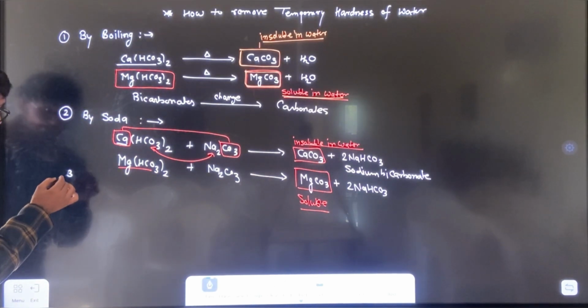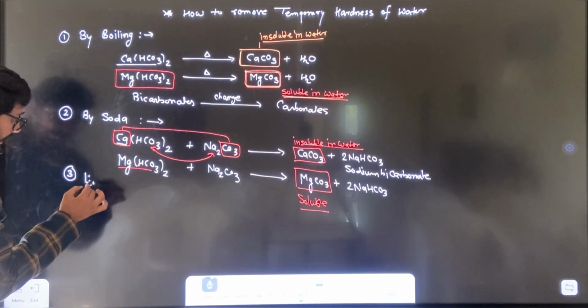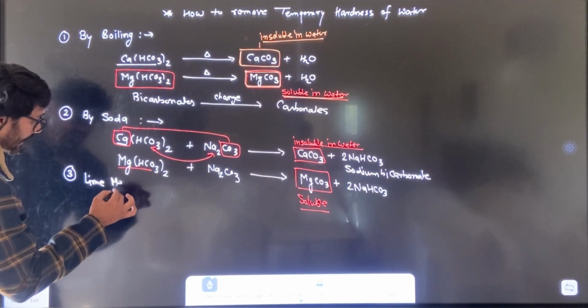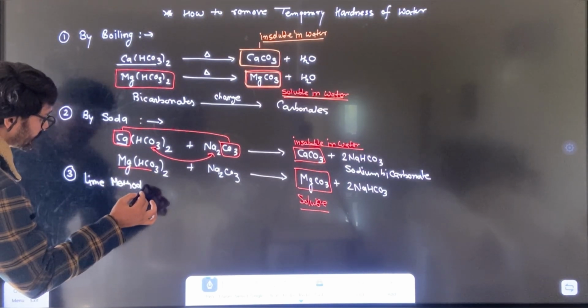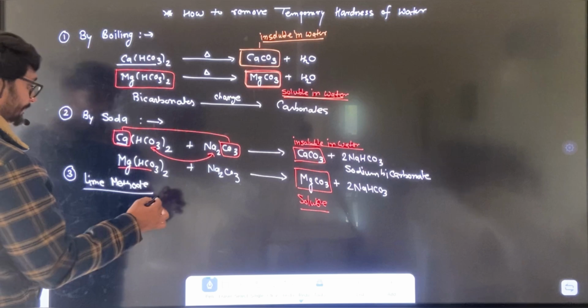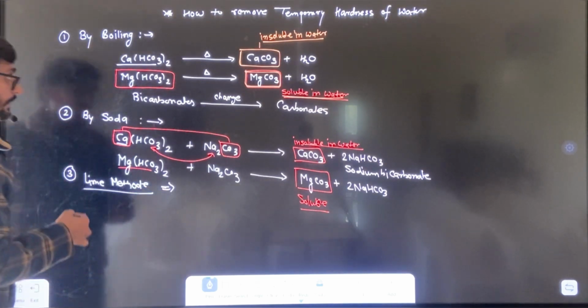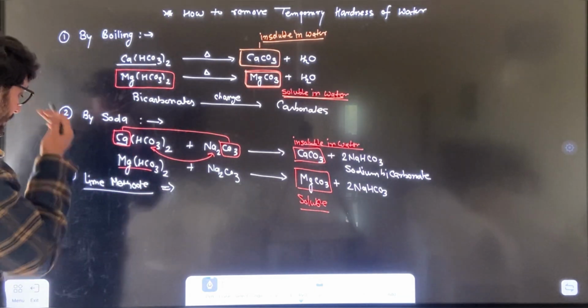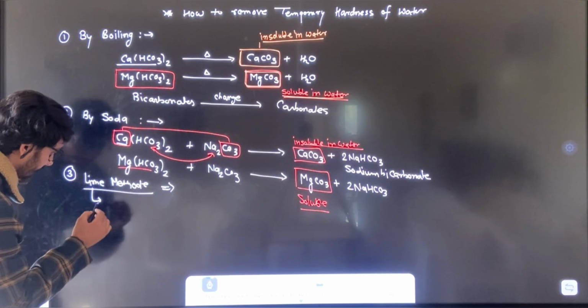So our third is the lime method. What do you mean by lime? Lime is basically calcium hydroxide.